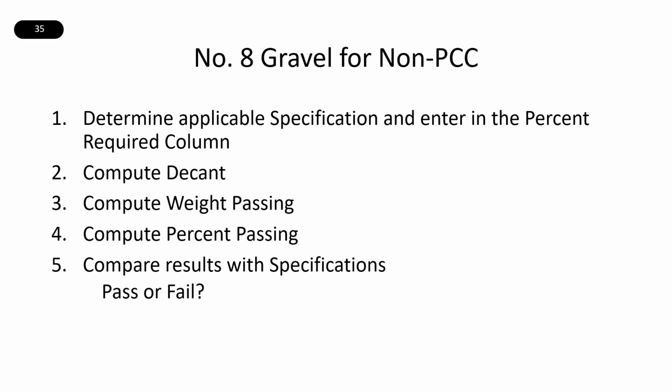In step 5, let's compare the results with the specifications. Looking at the percent passing and the percent required by specification column, compare the results with the specifications. Does the sample pass, meaning it meets the specification tolerances, or does it fail to meet the specification requirements?